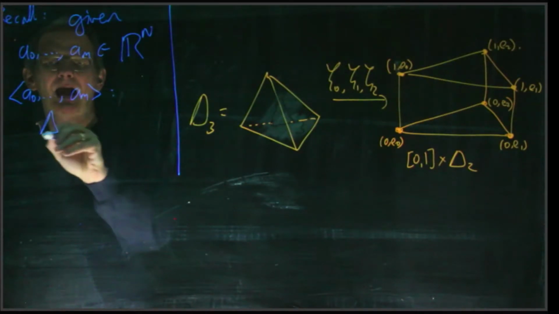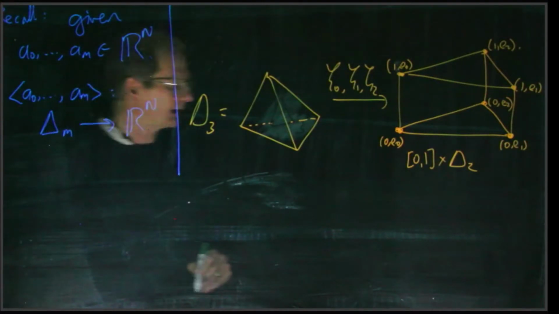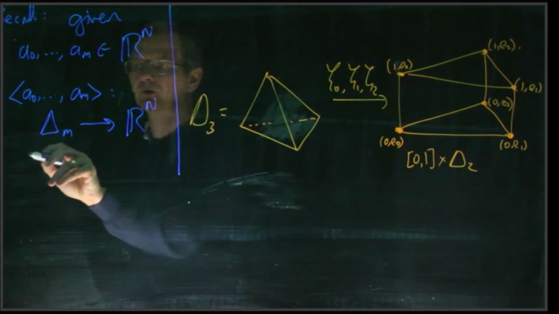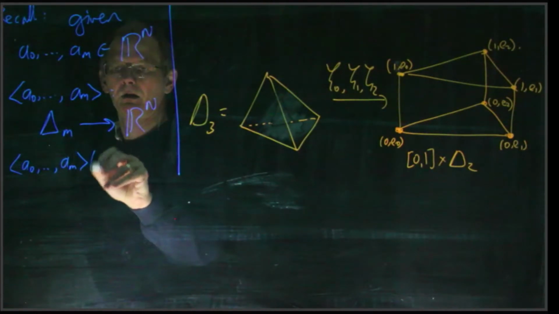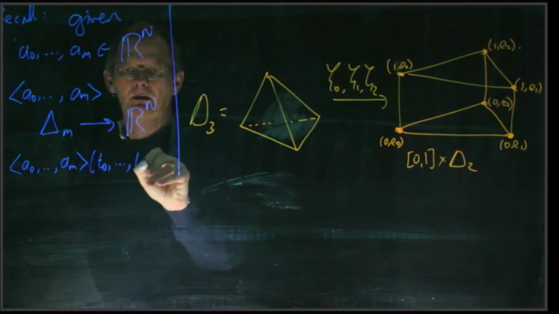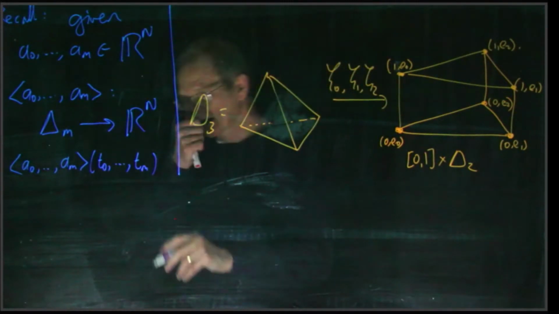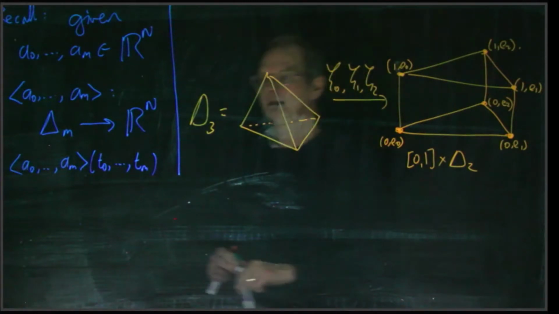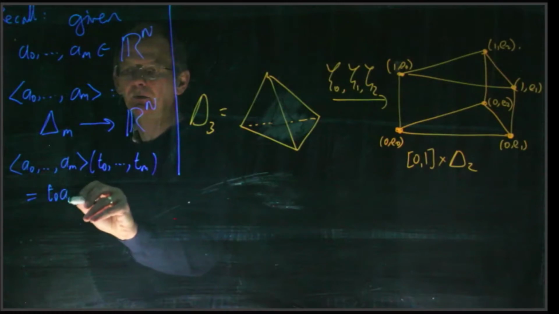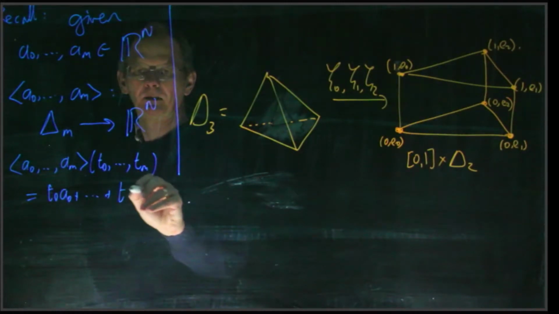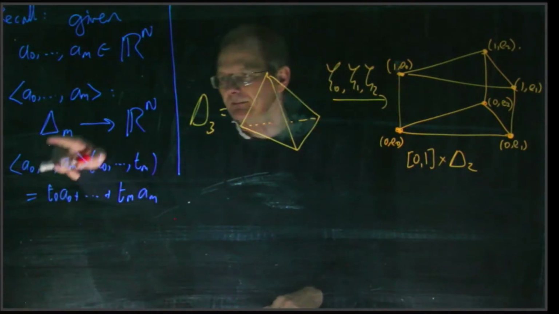This is going to be a map from the m-simplex into Rn. Remember, a point in the m-simplex is a list t0 up to tm of non-negative numbers adding up to 1. And then you just take t0a0 + ... + tmam. So that's what we mean by a linear simplex.